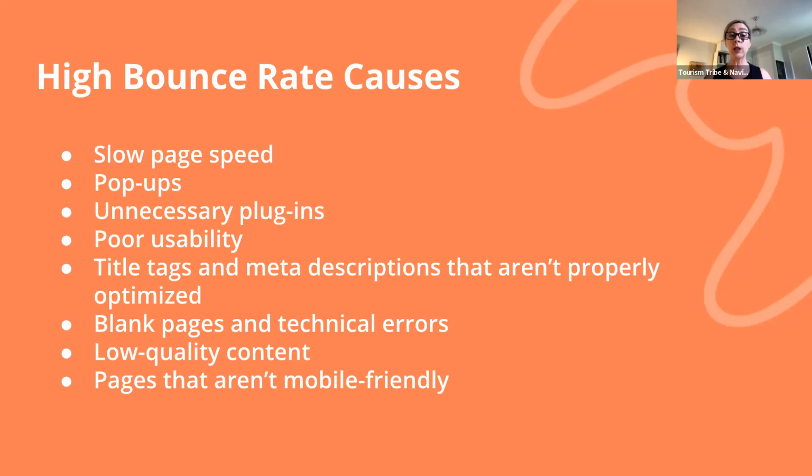So it's really important to optimize each page in your website with a clear title and meta description. And of course, if you're doing that for SEO, you've got to follow SEO best practice for doing that.